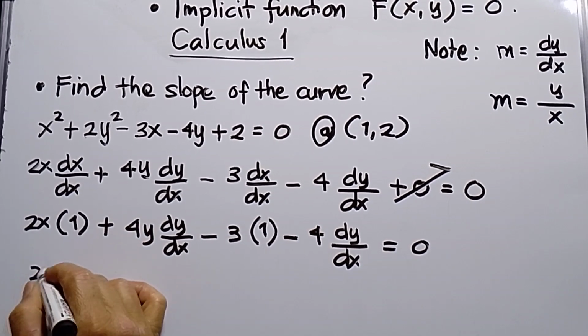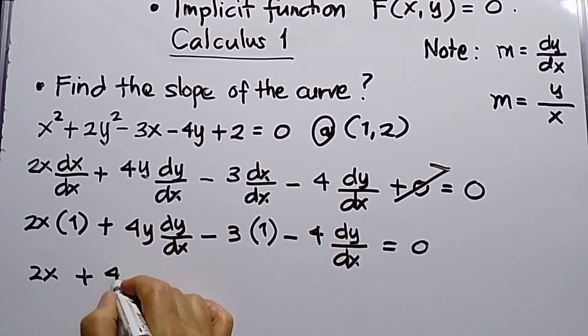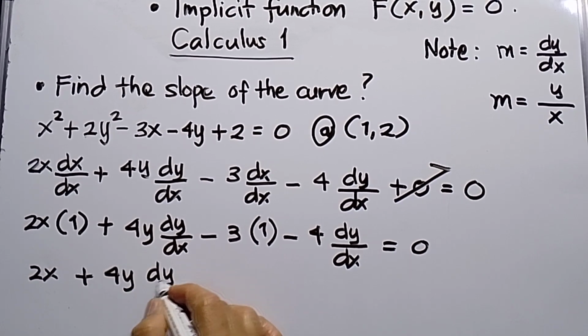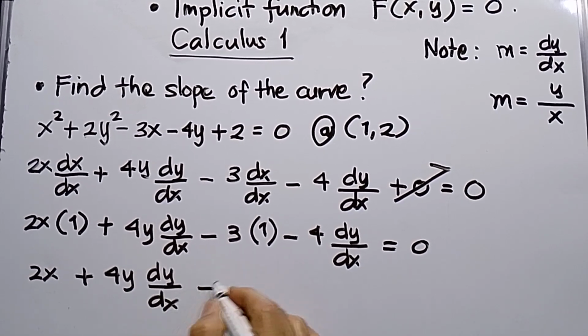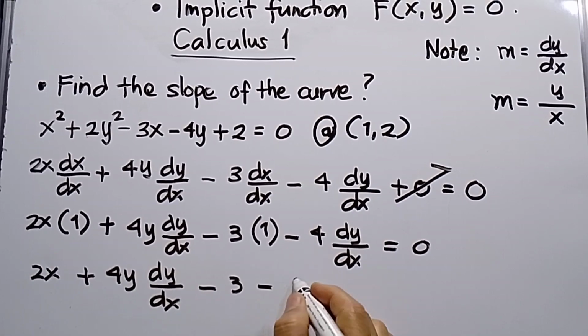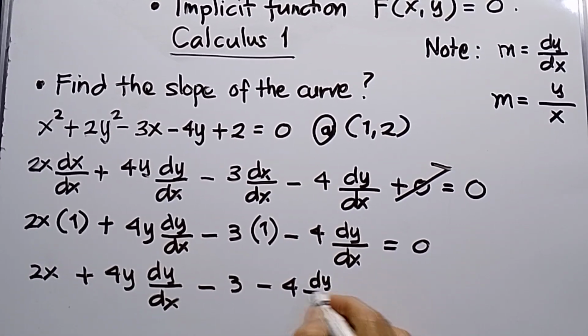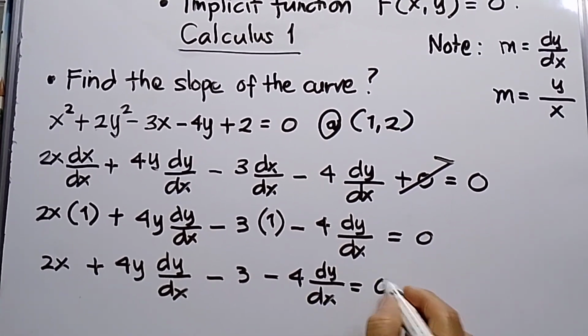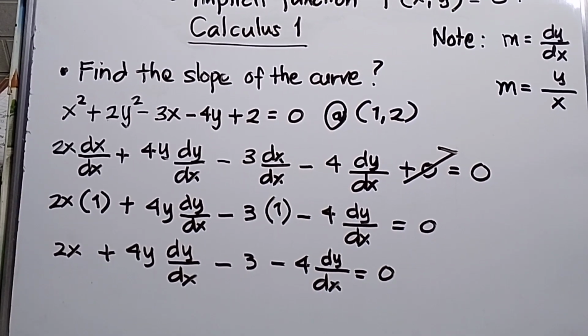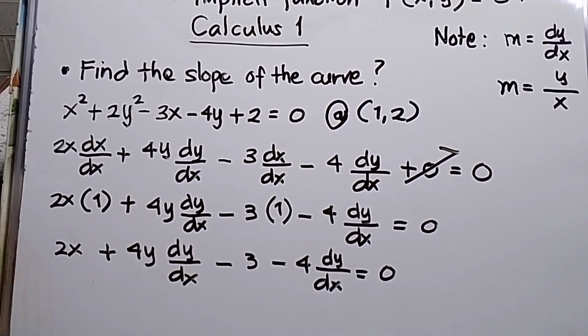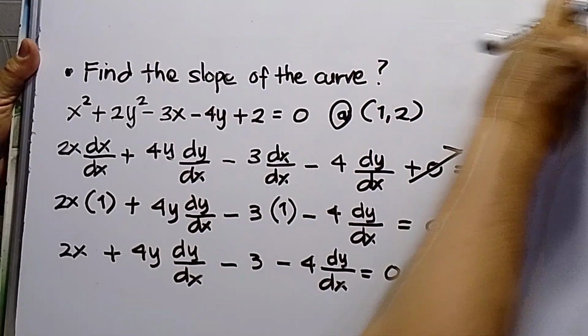So this will be 2x plus 4y dy over dx minus 3 minus 4 dy over dx is equal to 0. Since I have limited space on my whiteboard, I will erase at the top.